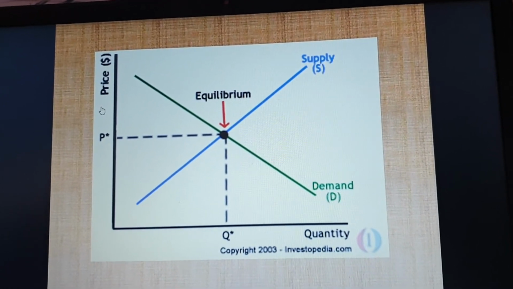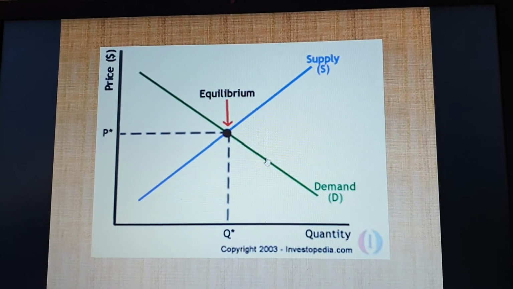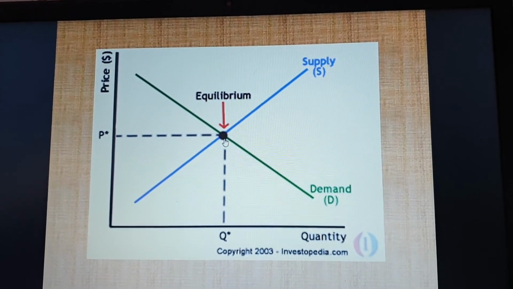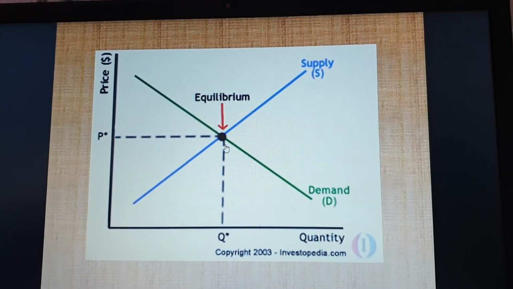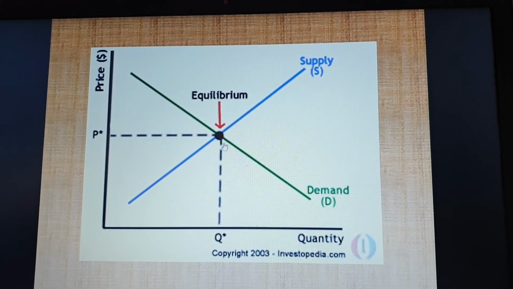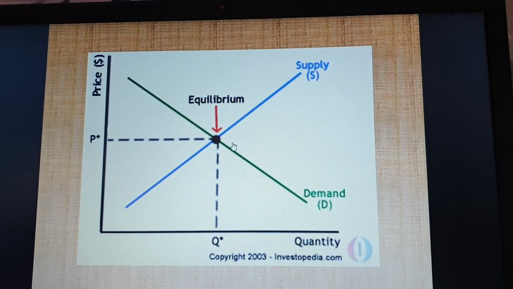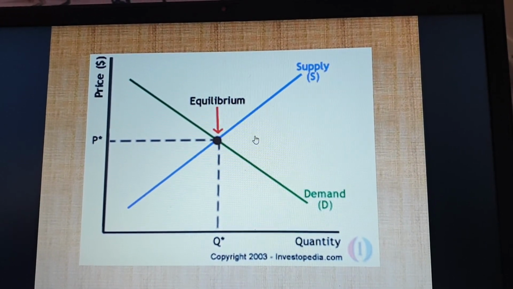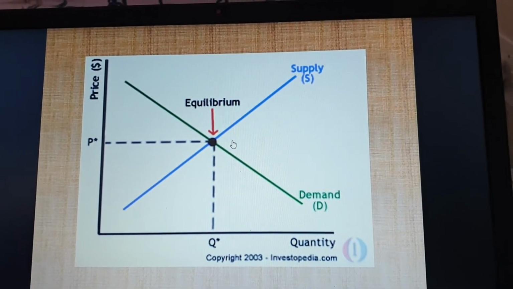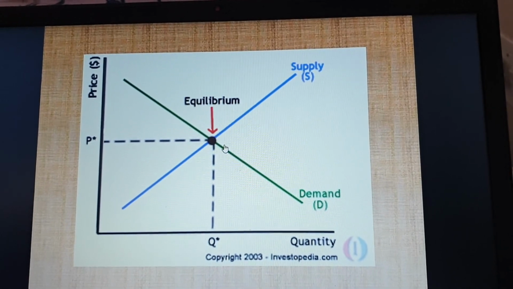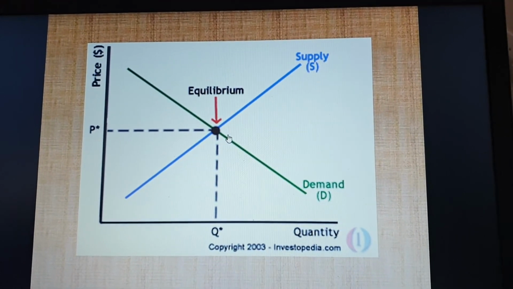That doesn't change. So this is your basic demand and supply curve, having an equilibrium point that does not change. But when there's an increase in supply, it will shift to the right. When there's an increase in demand, it will shift to the right. When there's a decrease in demand or decrease in supply, it will shift to the left. So that's the golden rule that you need to remember.